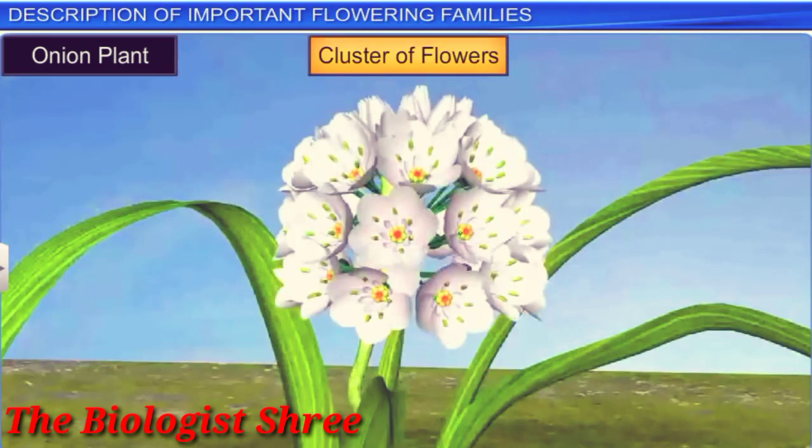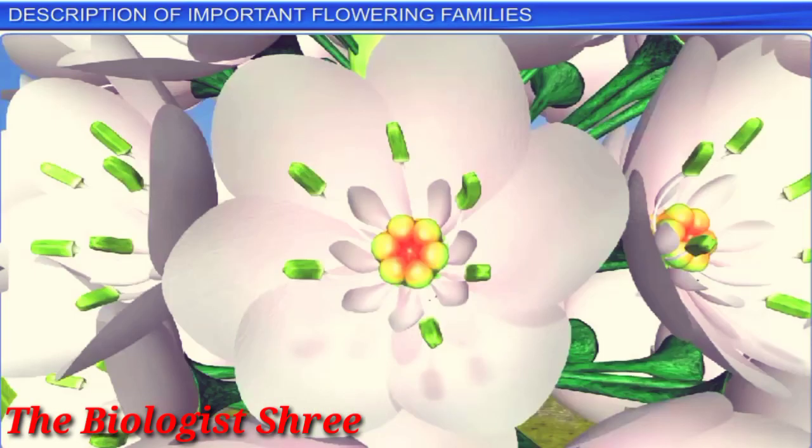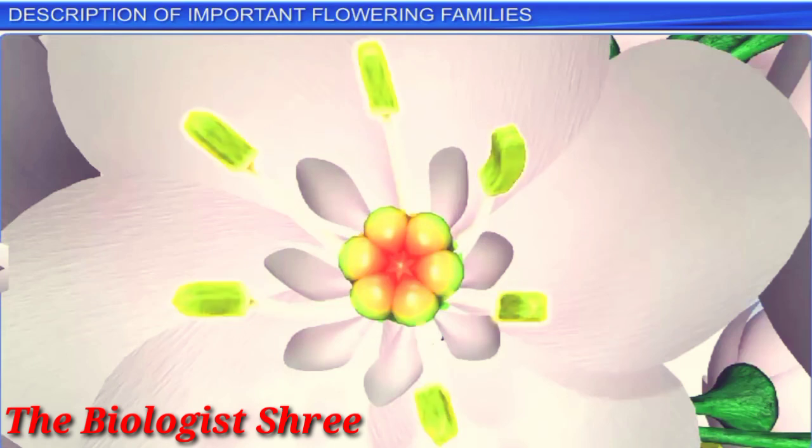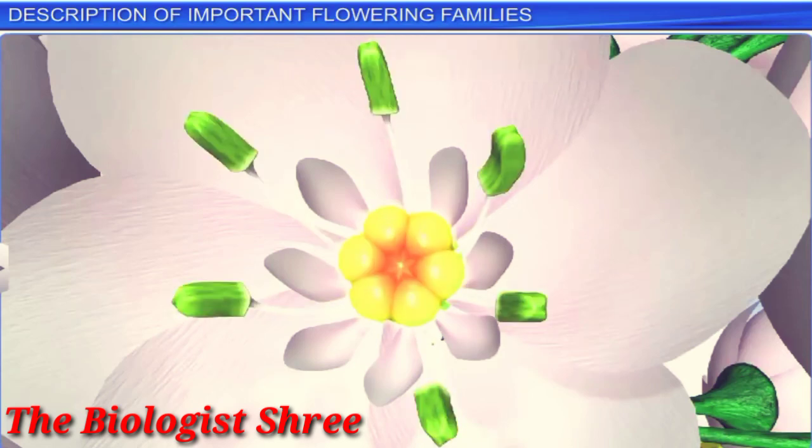In these plants, the calyx and the corolla are fused to form the perianth, which has 6 tepals, usually united into a tube. Also, the perianth has valvate estivation. In the Liliaceae family, the androecium consists of 6 stamens, and the gynoecium is tricarpellary and syncarpous.